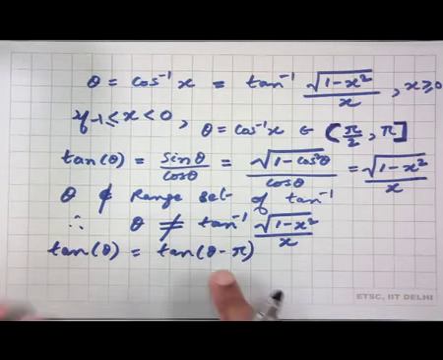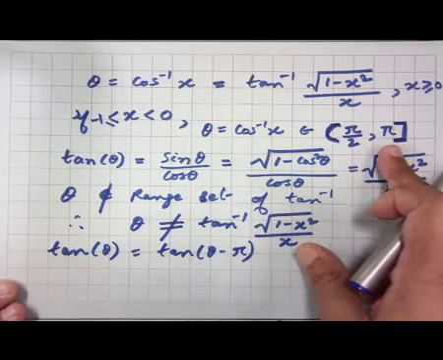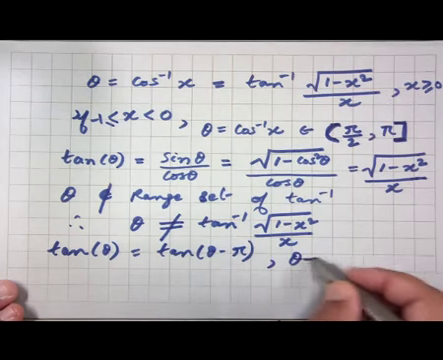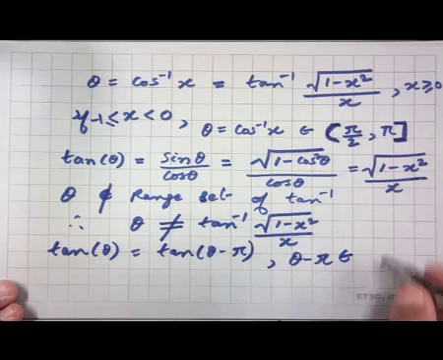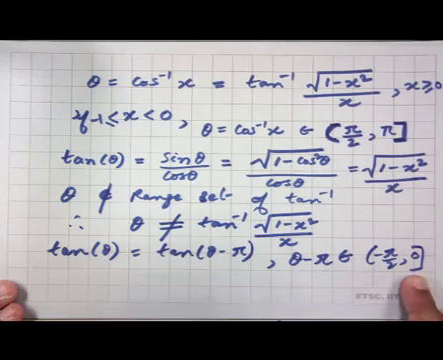And the good thing is that because theta belongs to the set pi by 2 to pi, theta minus pi is going to belong to the set minus pi by 2 to 0, and this set minus pi by 2 to 0 is a subset of the range set of tan inverse.